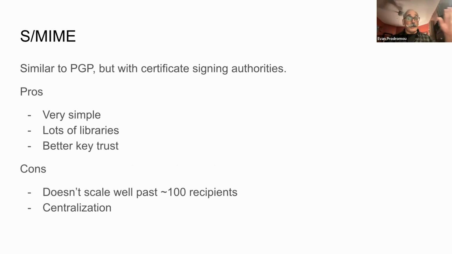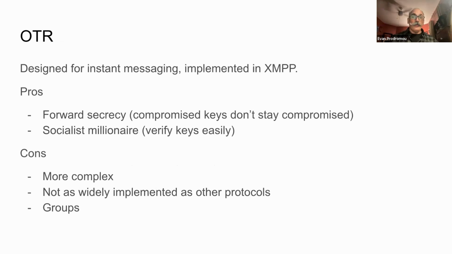SMIME is another similar one, similar structure. It actually has a certificate authority mechanism, so you have these kind of centralized authorities. It's still very simple, but very old too. OTR, off the record, was developed in the 2000s specifically to bring those structures that were working for email to instant messaging.